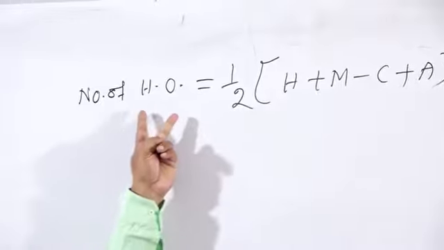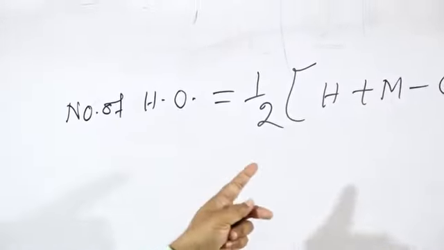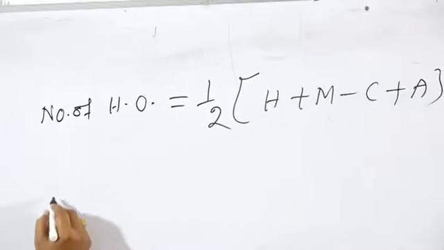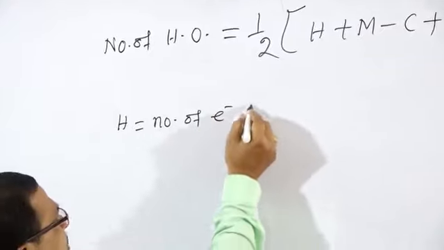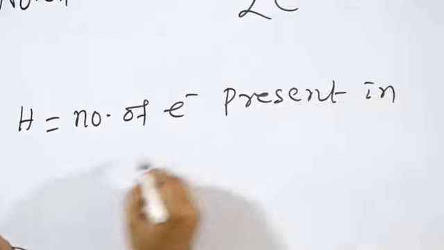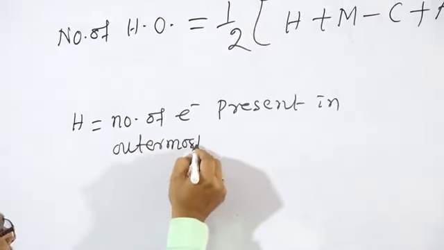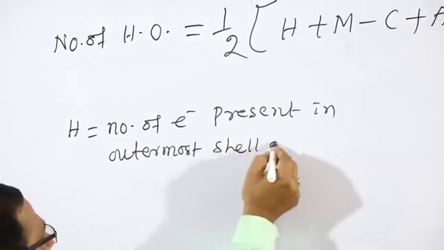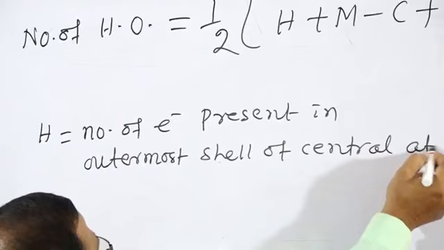This is the formula to determine the number of hybrid orbitals, where H stands for the number of electrons present in the outermost shell of the central atom.